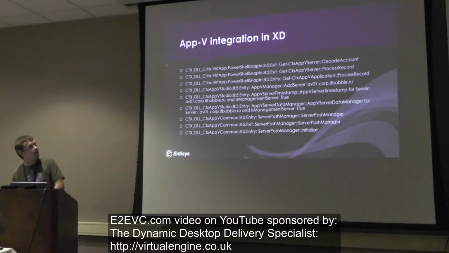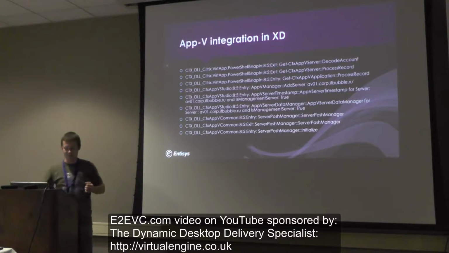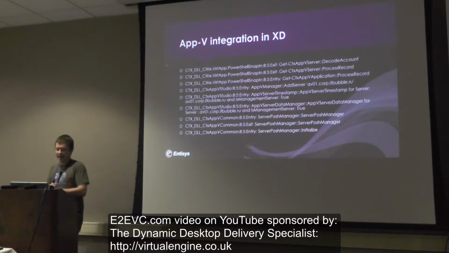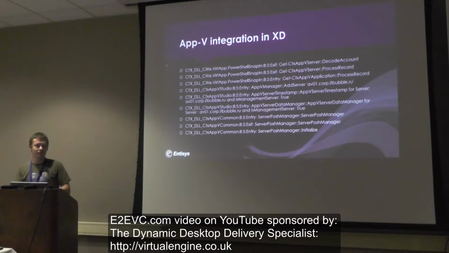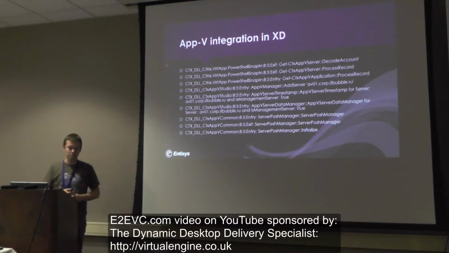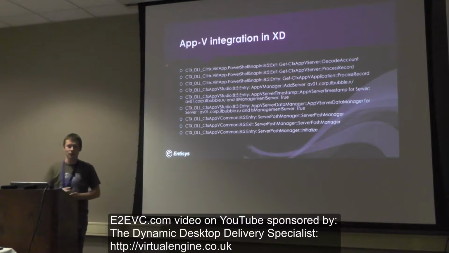Okay, another case: App-V integration in the newest and greatest. If something doesn't work when you're trying to publish or integrate your XenDesktop environment with App-V servers, I have no idea where you can get help. It's not well documented.